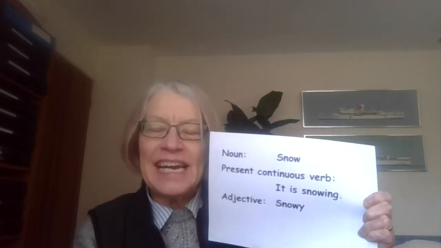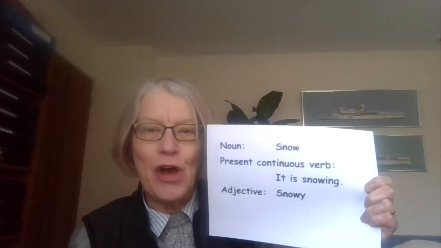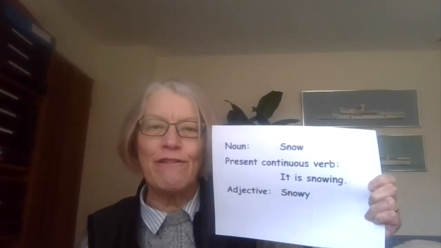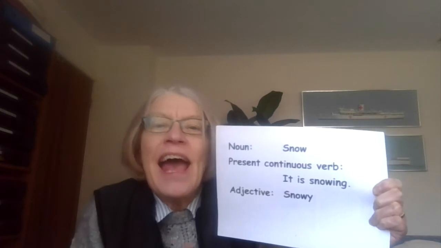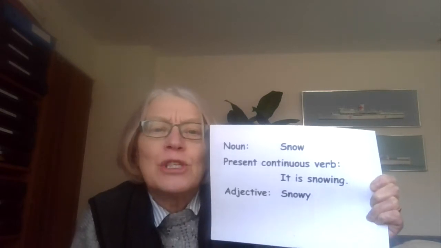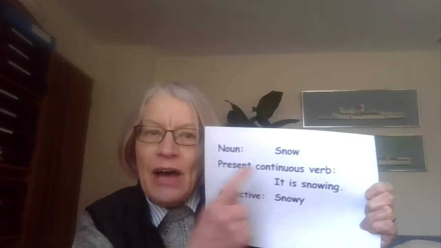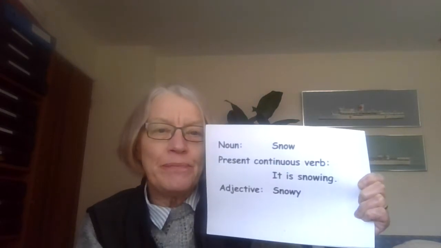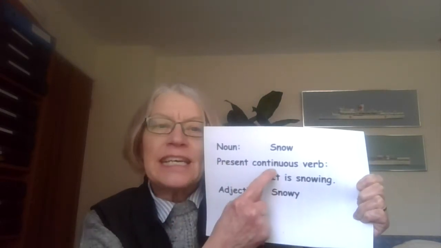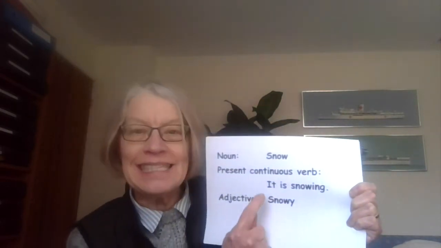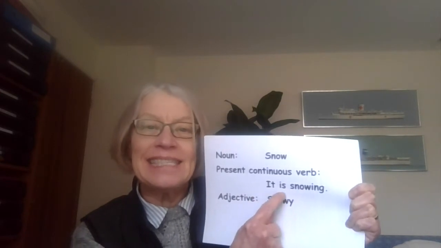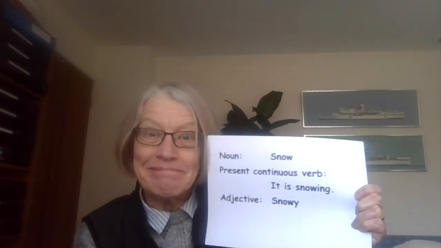And that is a noun. We've had a lot of snow recently. It's the white stuff that falls out of the sky and it's very cold. So the noun is snow. The present continuous verb is it is snowing.